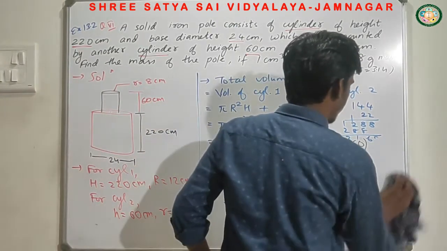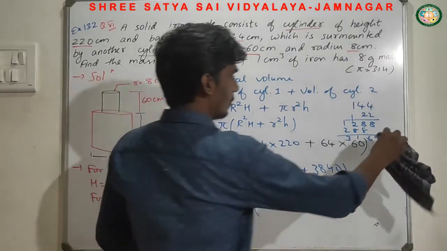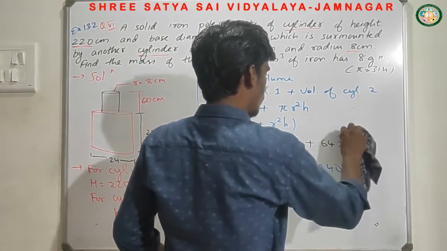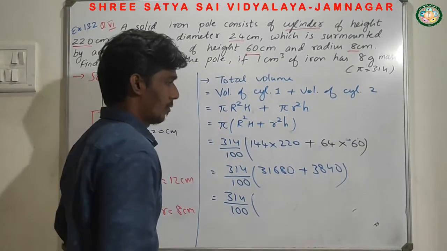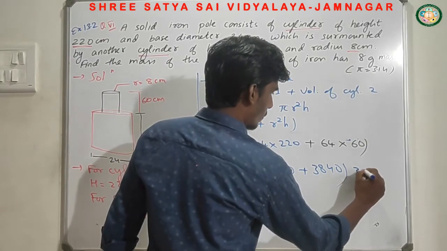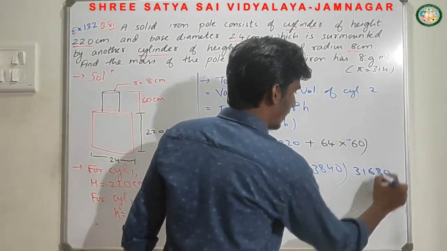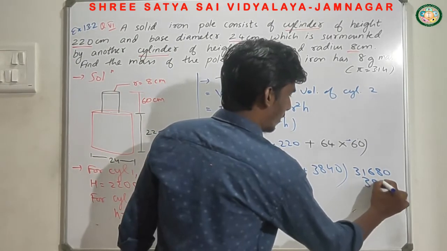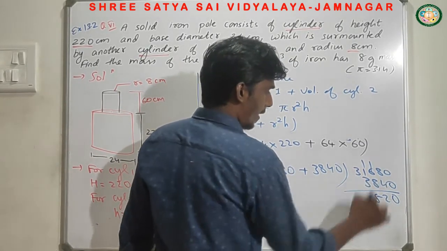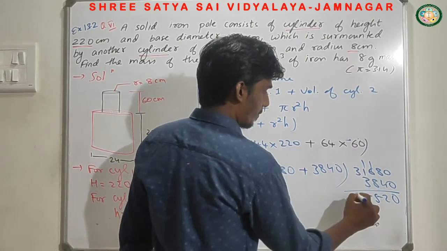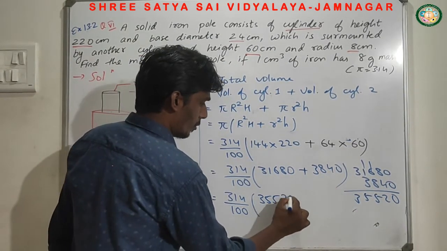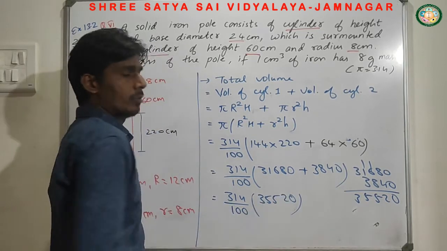You have to add these two numbers, not that. 31680 plus 3840 is 35520, the sum of these two numbers.